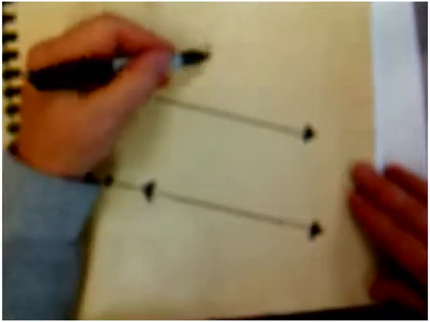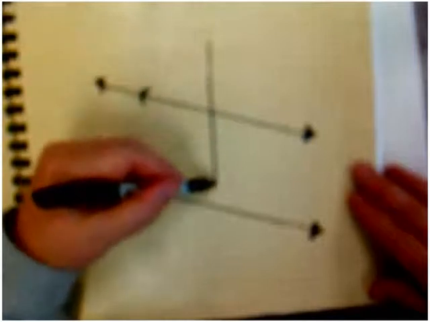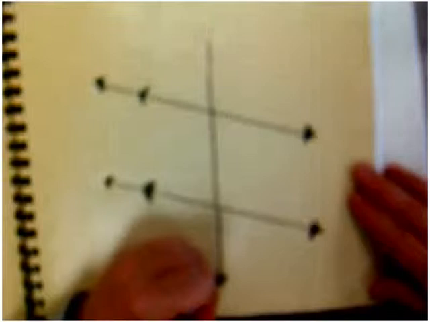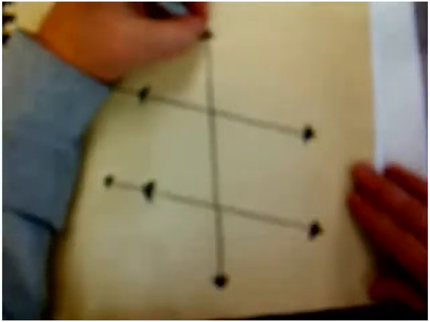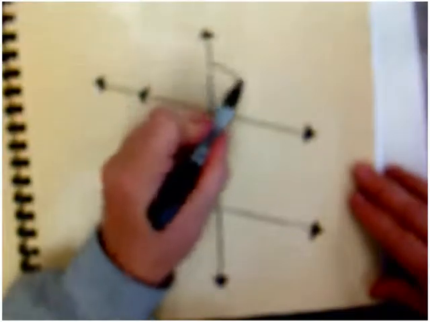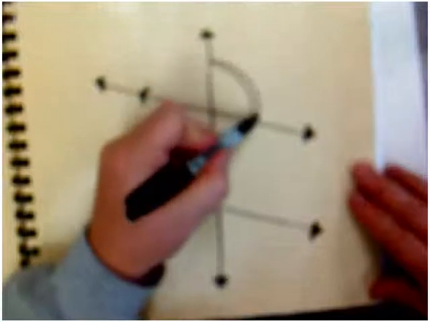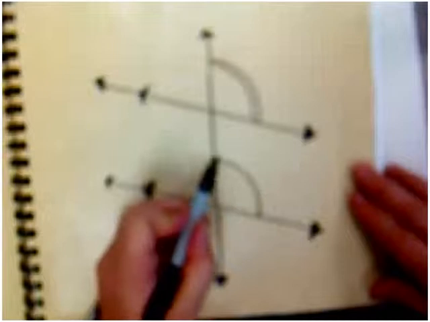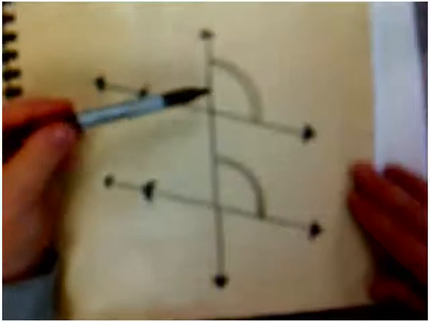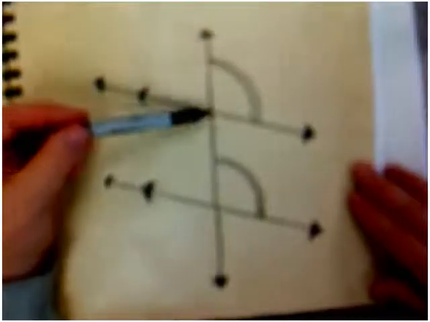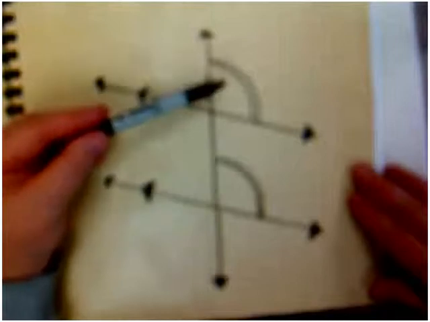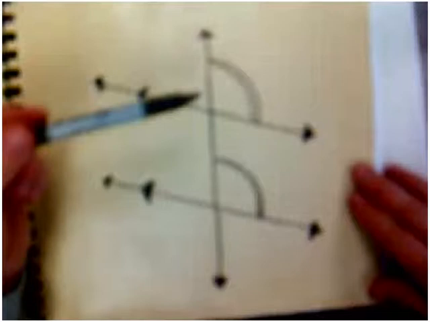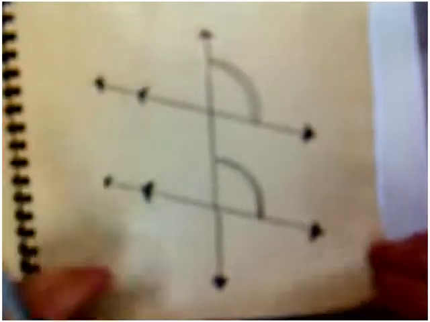Now they've labeled a different set of corresponding angles and showing that they're congruent with 2 tick arcs. The angle on the top right, the exterior angle, has 2 tick arcs, and the interior angle on the same side of the transversal has 2 tick arcs. So those 2 are corresponding because they're on the same side of the transversal, different vertices, one exterior, one interior, and the transversal is cutting through parallel lines. So these are corresponding angles and they're congruent.